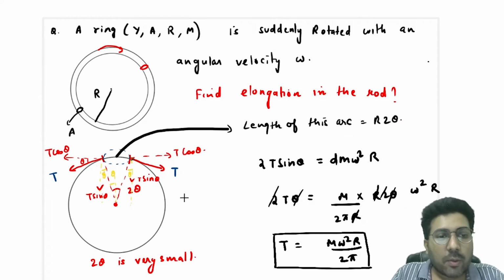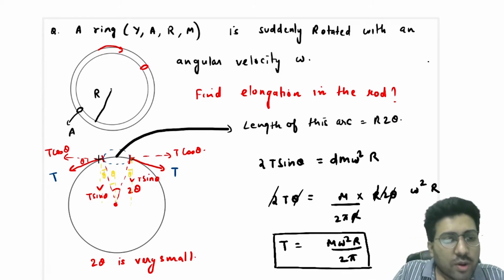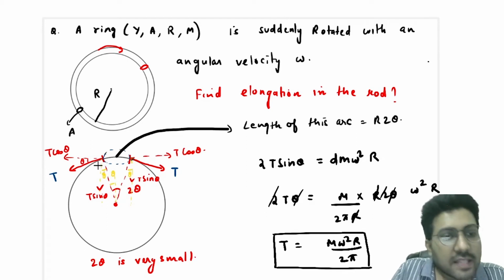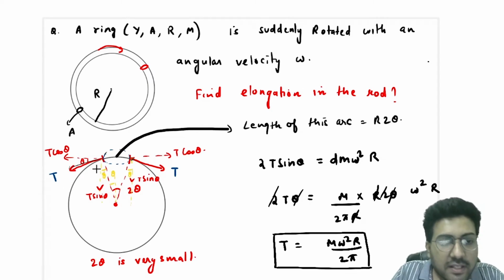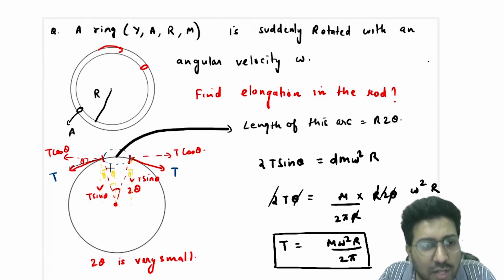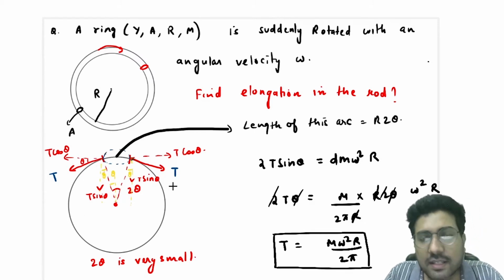Okay. Now you know that tension is a pulling force, right? So if this is your system, then this part of the ring is pulling it towards itself. So this is the tension from this part, and this part of the ring is pulling the system towards itself. So there are two forces here, this one from this side and this tension from this side. Okay.